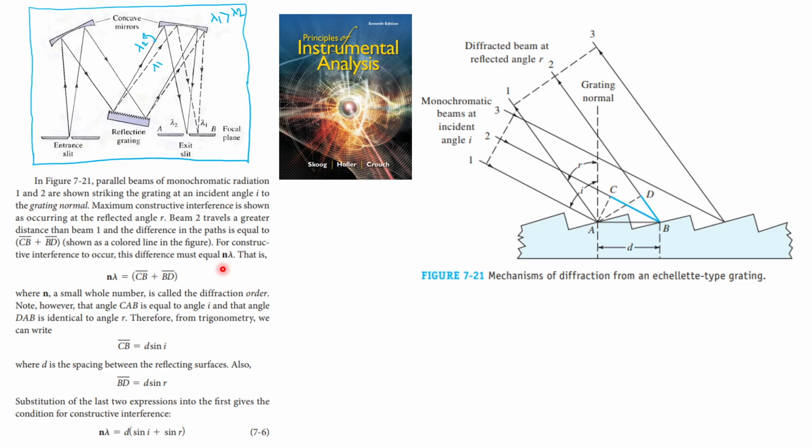So n lambda should be equal to CB plus BD, the path difference, so that we get constructive interference.